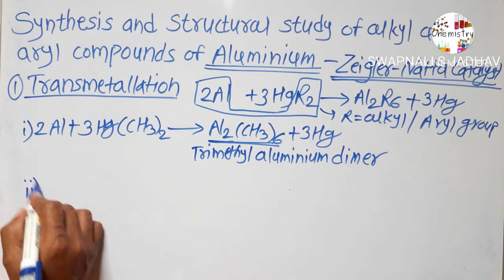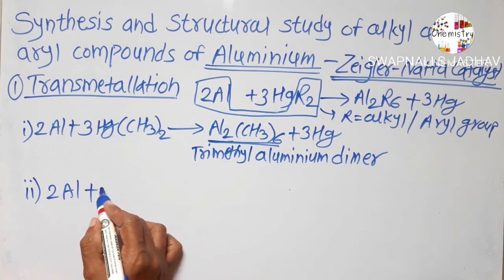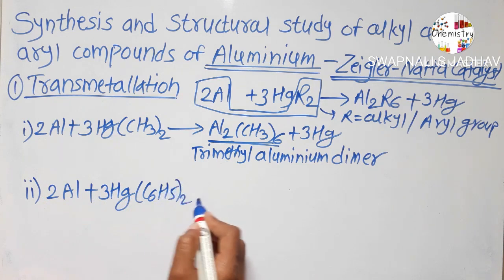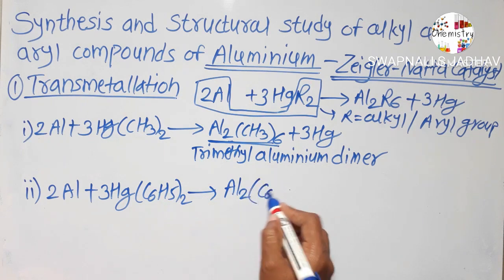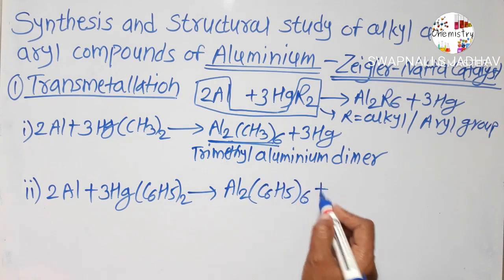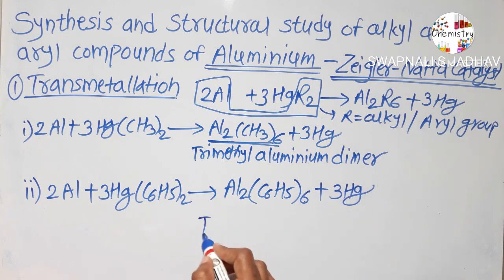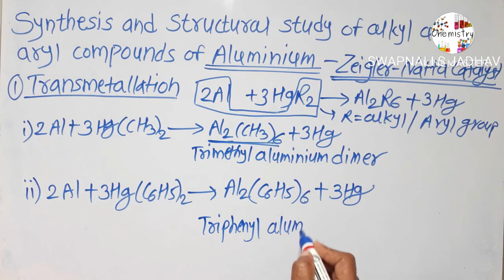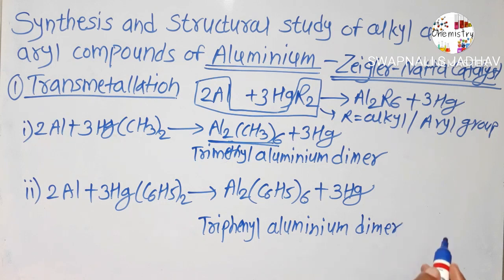Now we synthesize the aryl compounds. How do we synthesize them? When aluminium is reacted with Hg(C6H5)2, there is formation of Al2(C6H5)6 plus 3 Hg, and the name of that organometallic compound is triphenyl aluminium dimer.